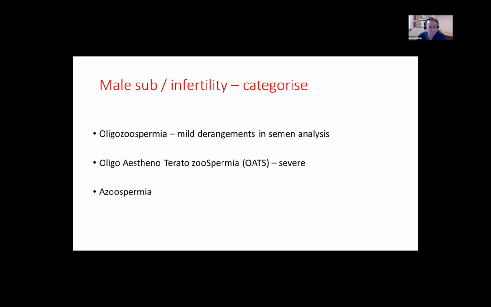When I think of male infertility, I tend to think about categorizing it into three sections, because this has an impact on how you're going to manage the patients.